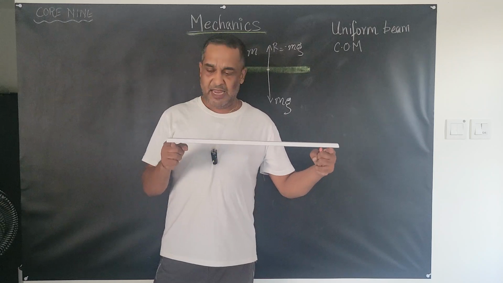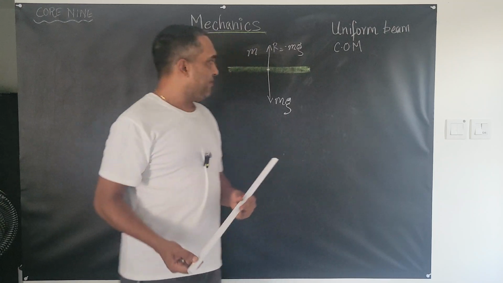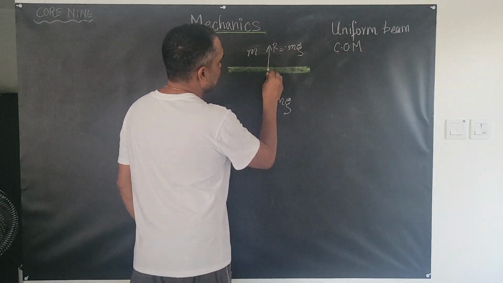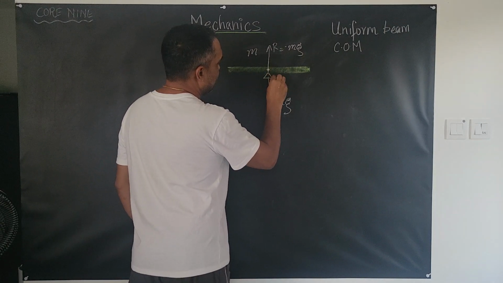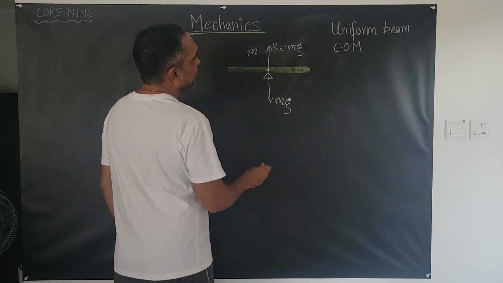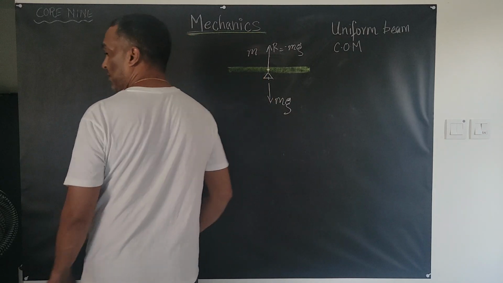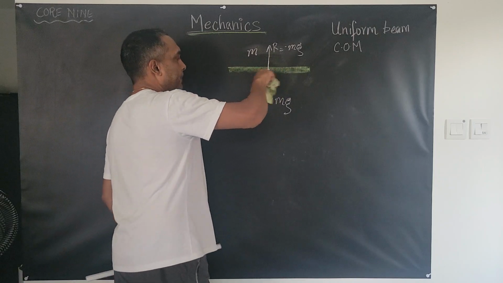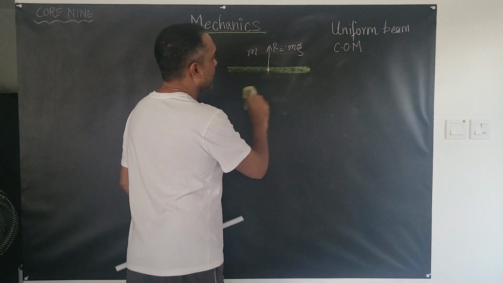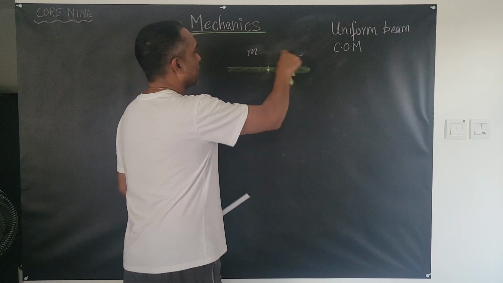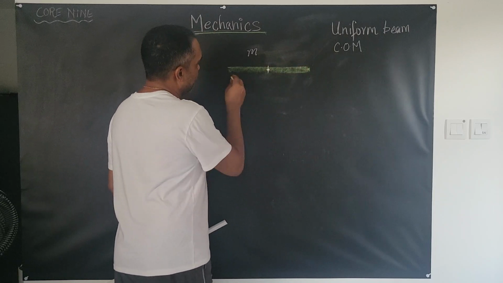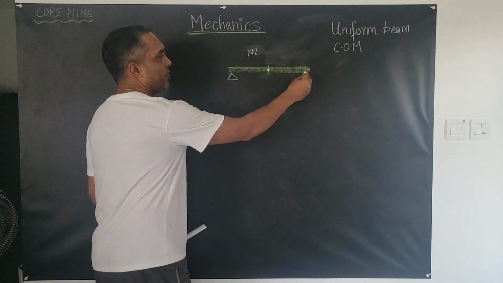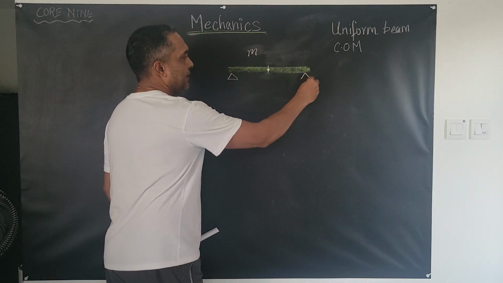That was one case. I could also just hold it at these two ends and it's just staying there. In the second instance, I'm going to support it here and here, and I'm denoting these as just points. So you get the idea.